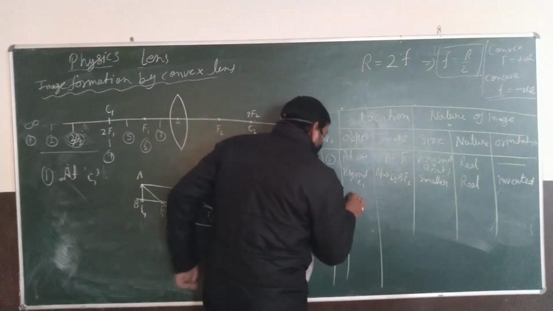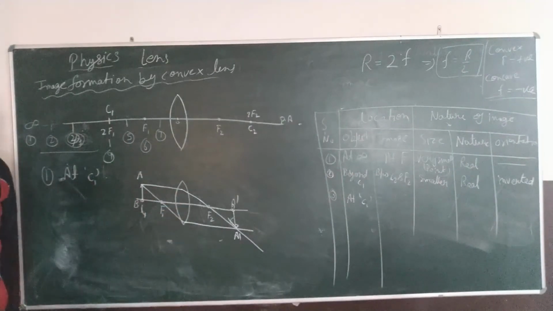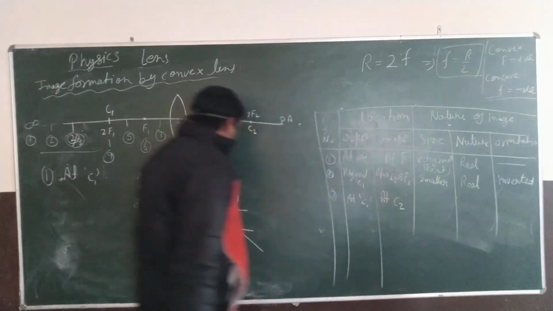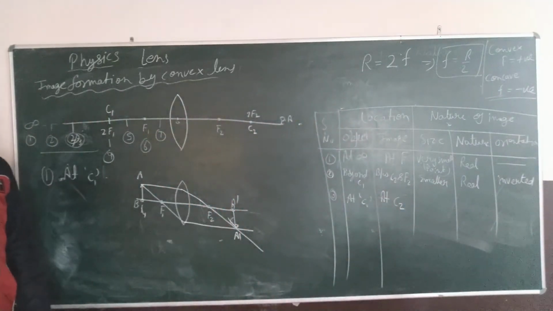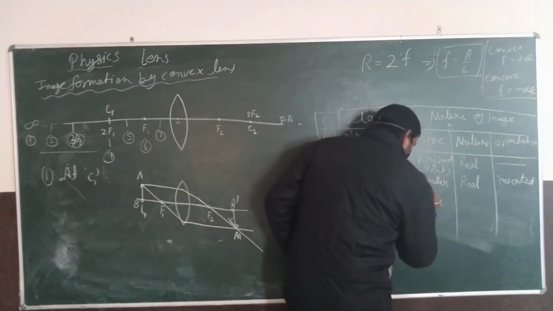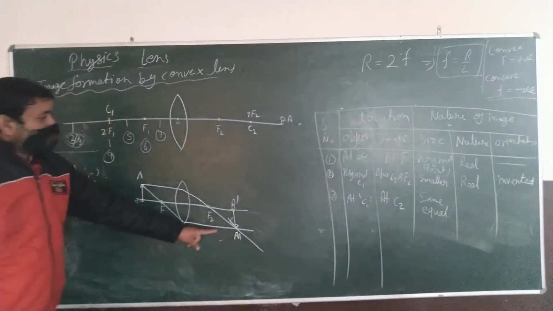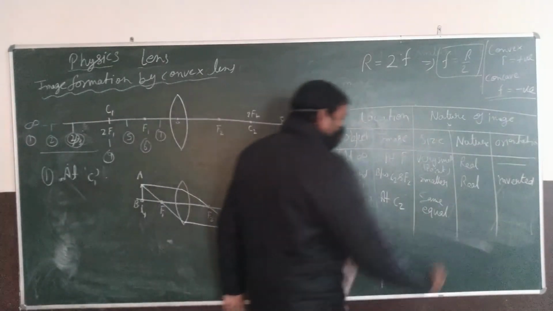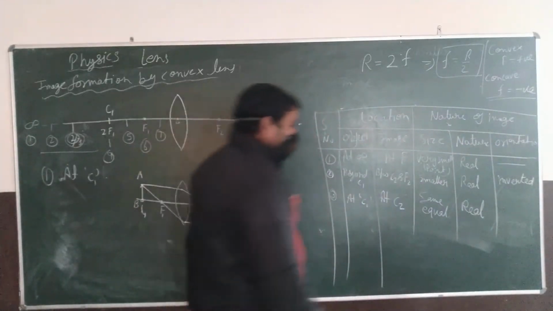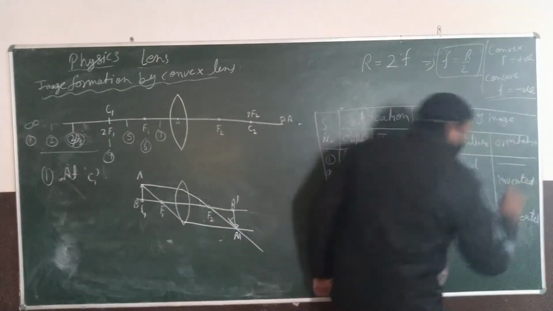Third point, object at C1. Now location at C2. Size equal. Nature, actually meeting, is real. And last is inverted.